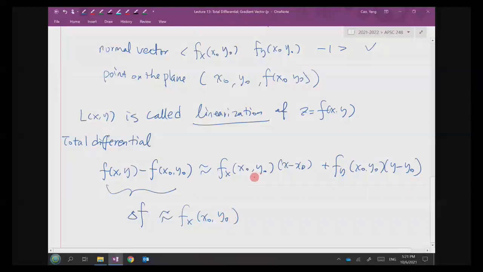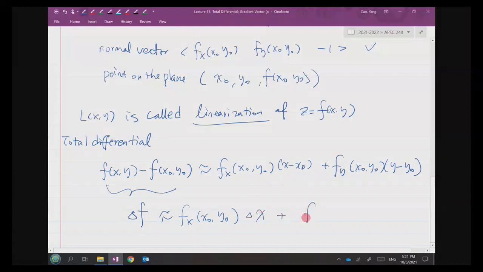So delta f is approximately equal to, let's rewrite the left side here, and then x minus x₀. If I call this delta f, then x minus x₀ is like your initial x₀ location, you're now at the x location, so I have a delta x change.